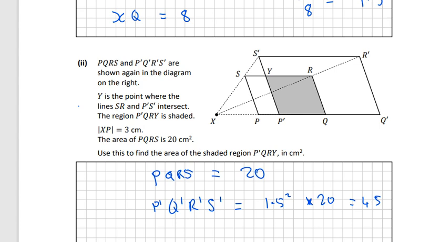We also know then that from X to P there is 3. And we already knew that from X up to Q that was 8. So that whole thing was 8. So therefore, from P to Q then has to be equal to 5.